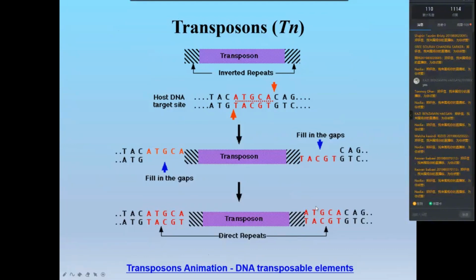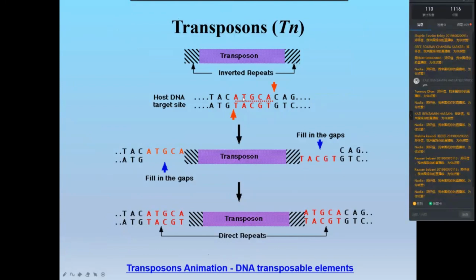Here, this picture shows us how this transposon inserts into the host DNA. This is a transposon structure. In the middle are the genes they carry. On the two ends, they carry the inverted repeats. And on the host DNA, there is a target site shown in the red color.